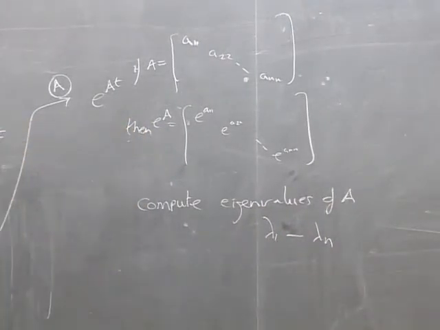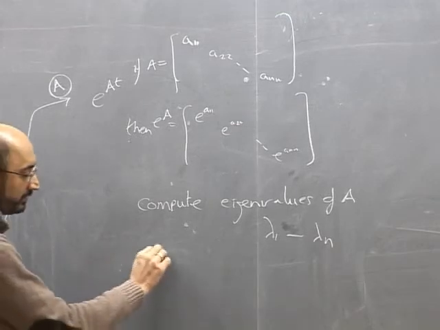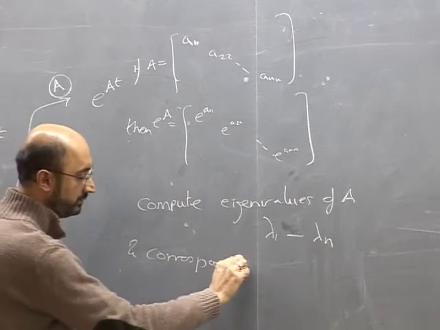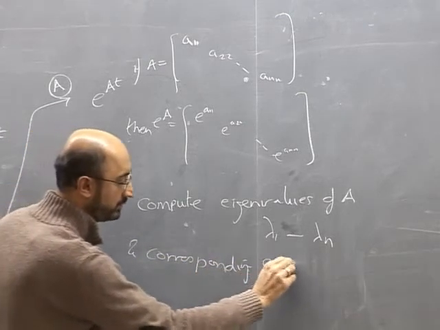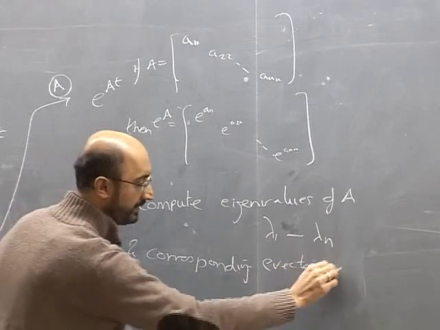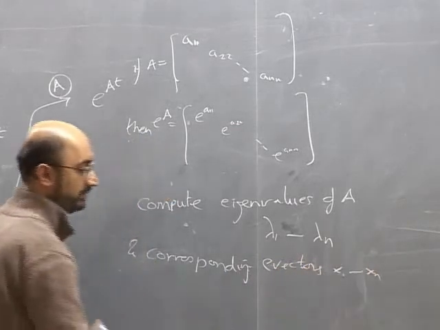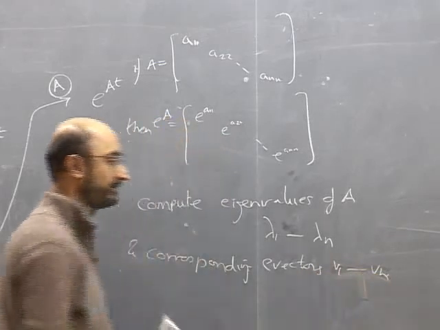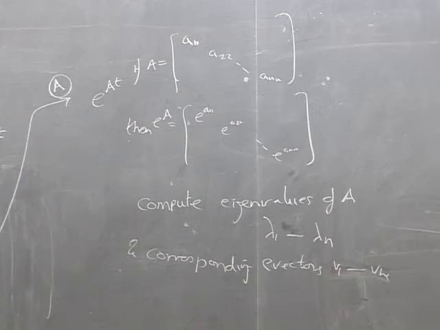For the moment, we'll assume they're distinct. Then there are the corresponding eigenvectors, which we'll call v1 to vn. So that's the set of eigenvalues and eigenvectors.